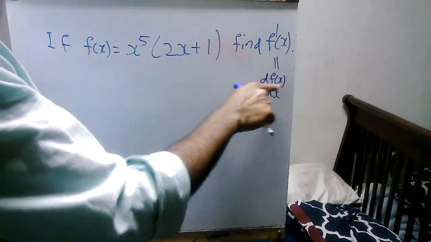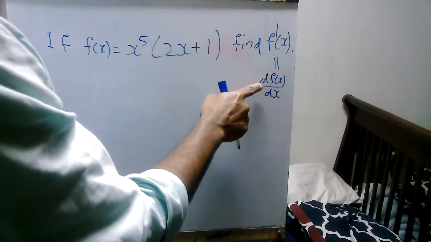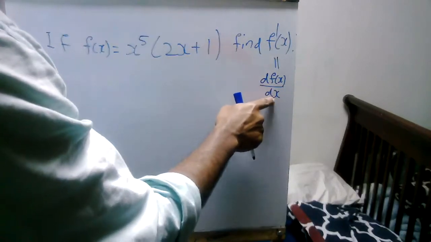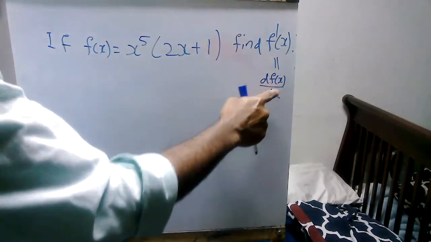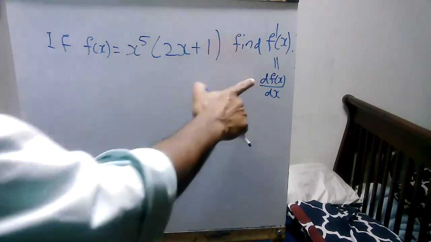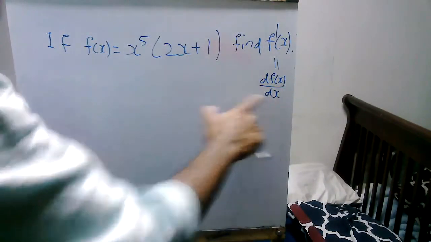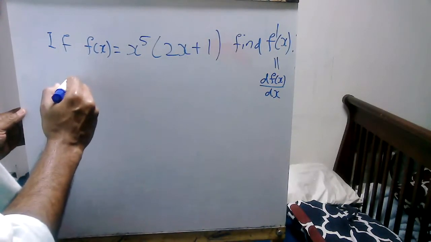It's a line, a division line, but it is not division. This is the derivative of f(x) with respect to x. You read this as d f(x) d x, right? Again, d f(x) d x.